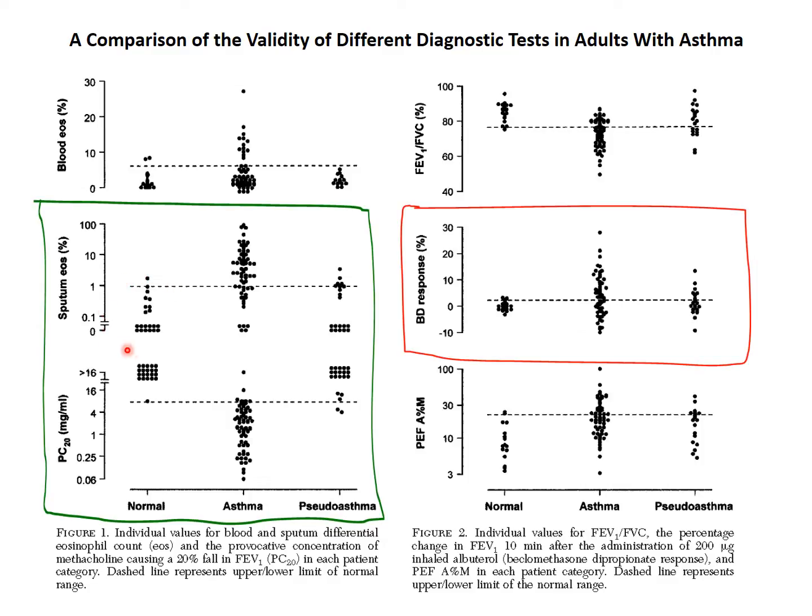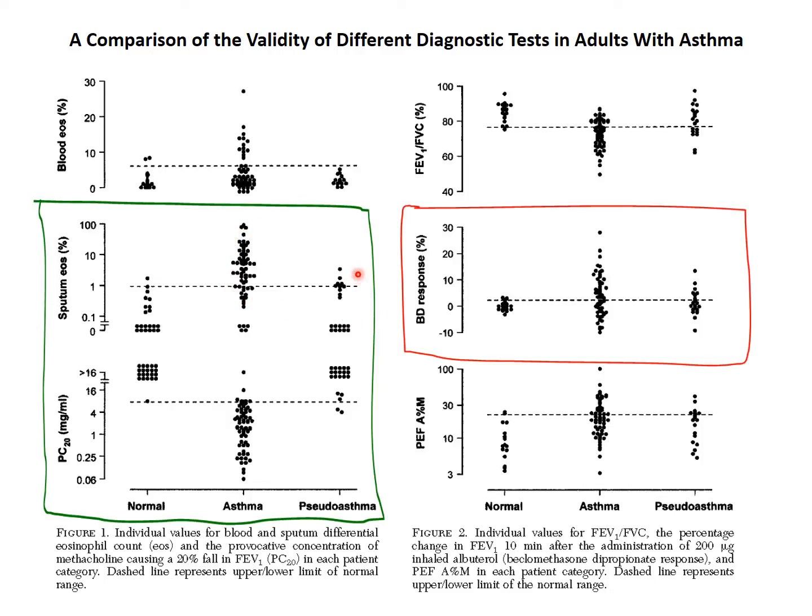The normals had low counts, as you would expect. The range was made from those. Our asthmatics, a lot of them had a much higher count. I have to reread the paper to know how concurrent the treatment was, because if they were on steroid treatment, you'd expect that to be lower. But it looks like they're not on effective treatment. They certainly have a higher eosinophil count.